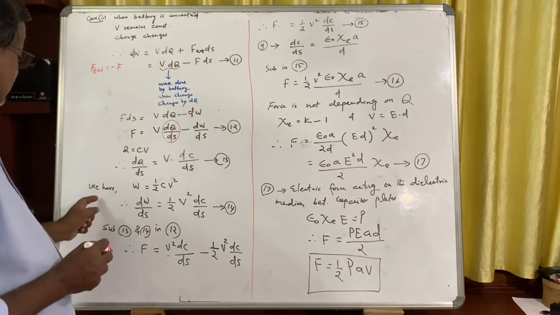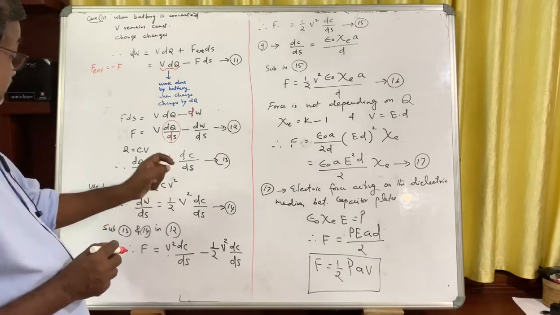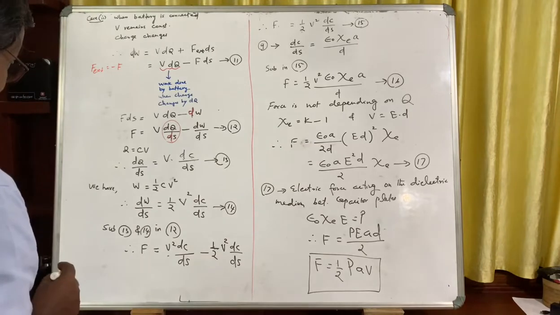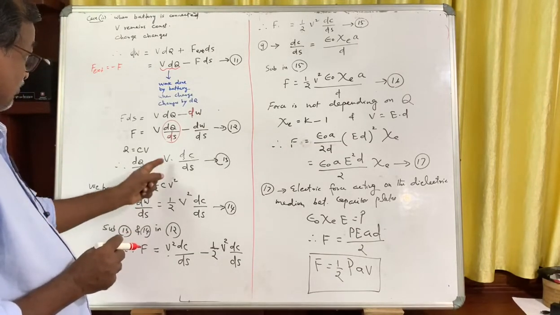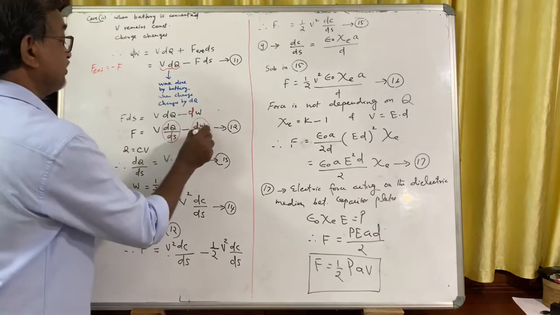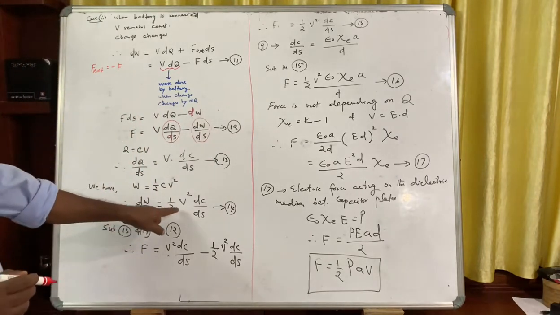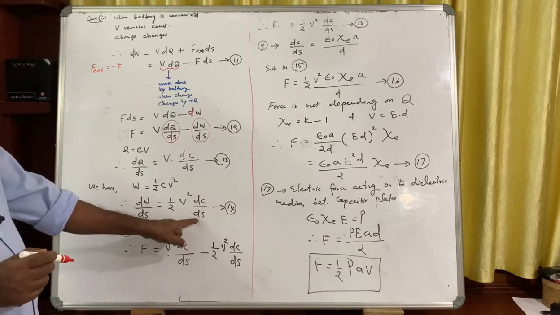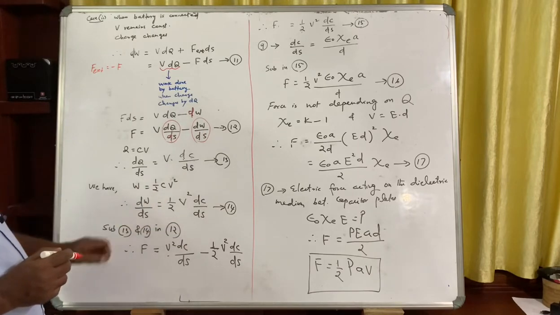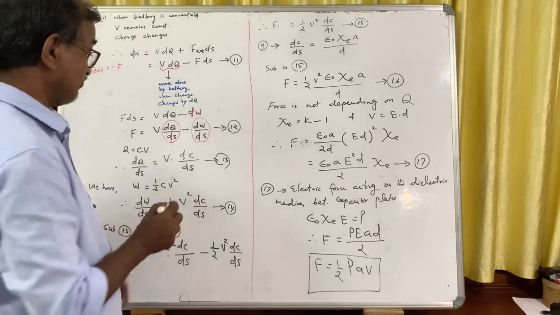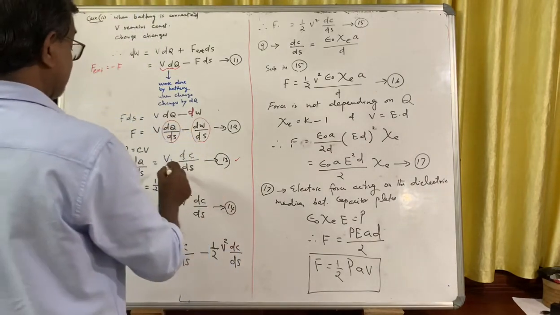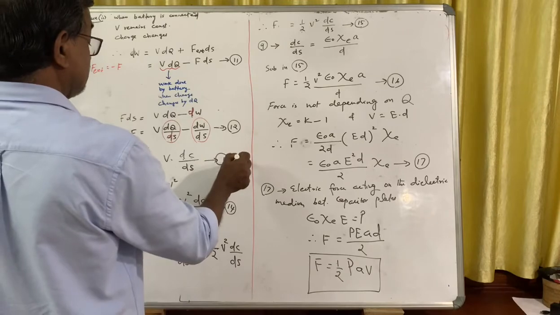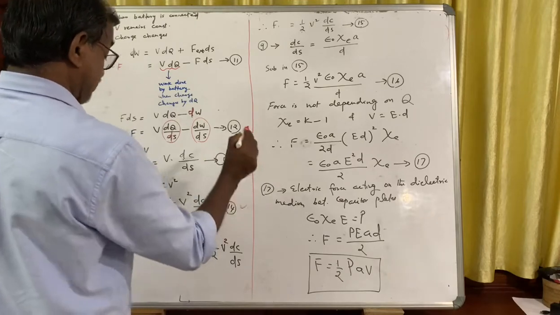We know the energy W is equal to half CV square in the case of a capacitor. So dW by dS is equal to half V square dC by dS by differentiating this with respect to S. So we are getting two differential equations, that is 13 and 14.